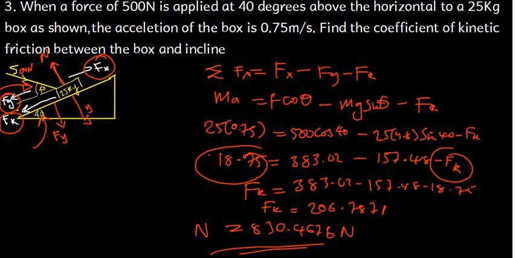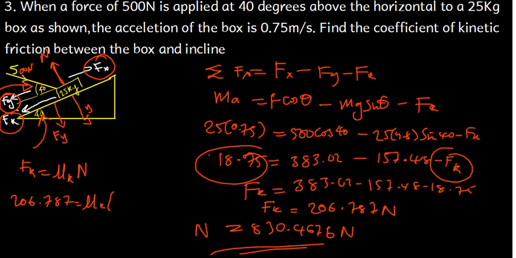206.787 newtons. Okay, now notice that we want to find mu k, the coefficient of kinetic friction. So kinetic friction itself is given by the coefficient of kinetic friction times the normal force. So kinetic friction we have found as 206.787, and we don't know the coefficient of kinetic friction.